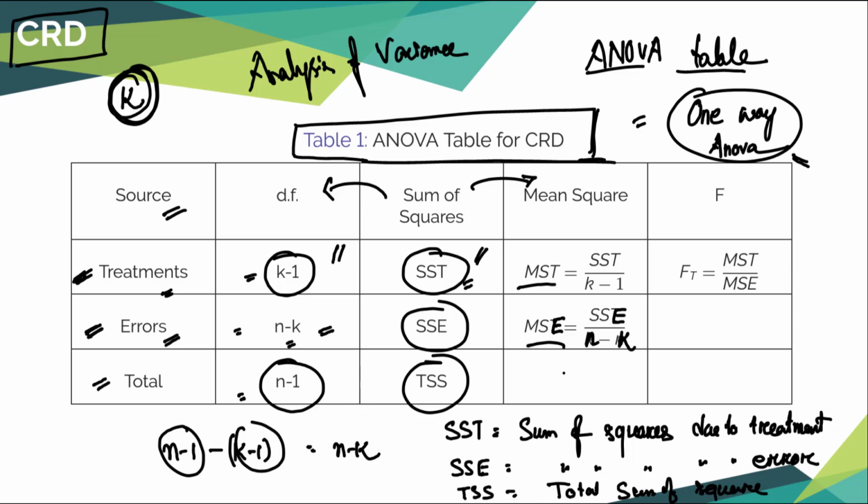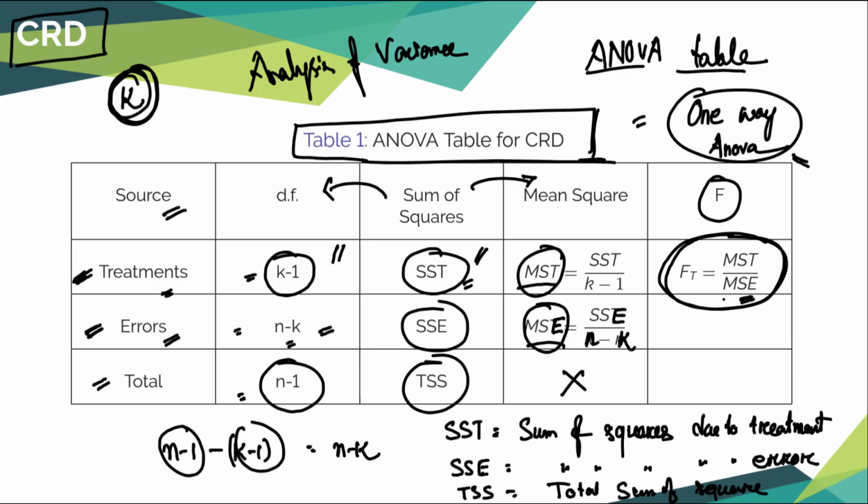For total, we do not calculate the mean square; it is not necessary. And the last is the F. Now F is a test statistic, just like t. The formula for ANOVA is F, and it is given by the mean square due to treatment divided by the mean square due to error.